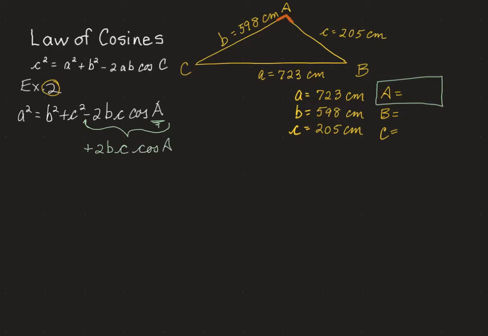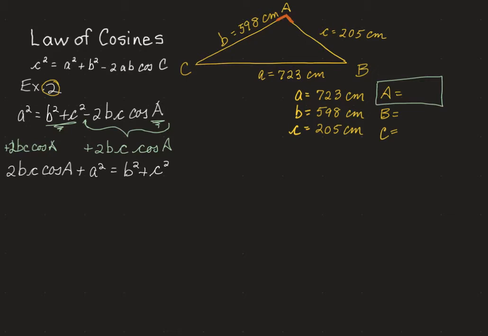Because it is subtracted from the rest of this side, we have to add it to move it to the other side, plus 2bc cosine A. And that will leave us with 2 times side B times side C times the cosine of angle A plus A squared equals B squared plus C squared.